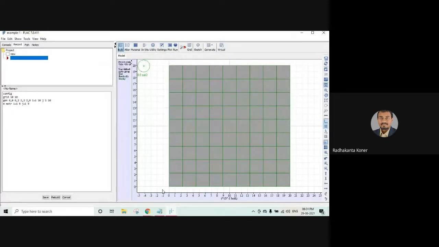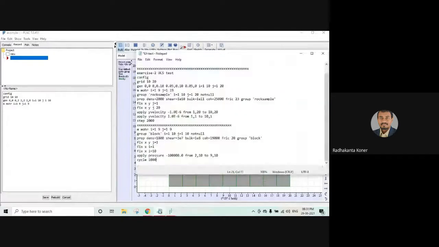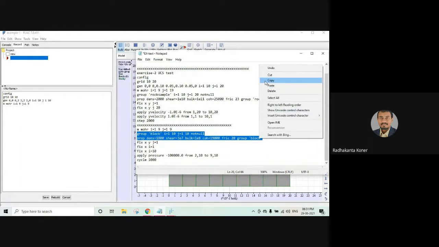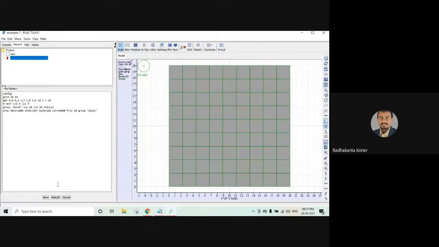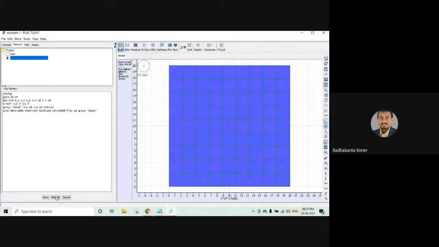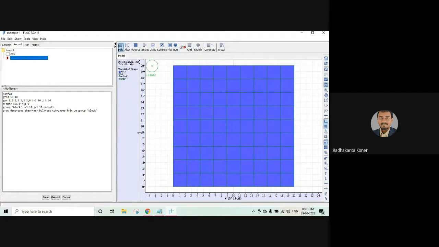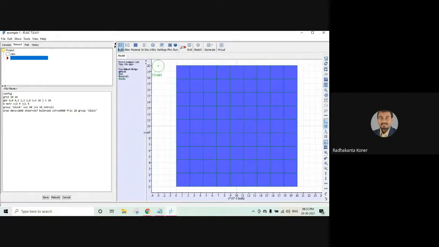There is no void. So please define that. After I group it, you see this is a block from I equal to 1 to 10 and J equal to 1 to 10, and it is not null. Why am I mentioning this not null? It is required.